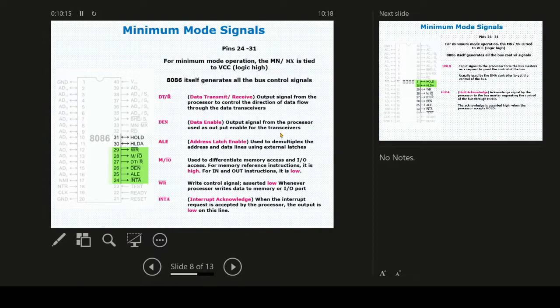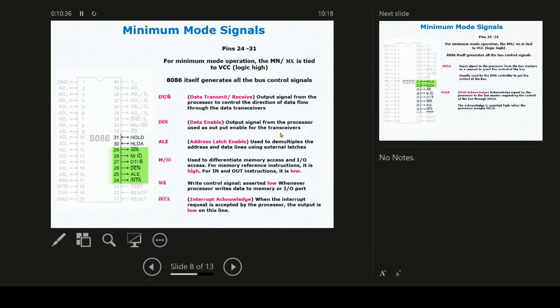It mainly controls that direction. And DEN is that the data which is transmitted is going in a directed path to the data transceiver. So depending on DT/R and DEN, there are mainly three conditions.